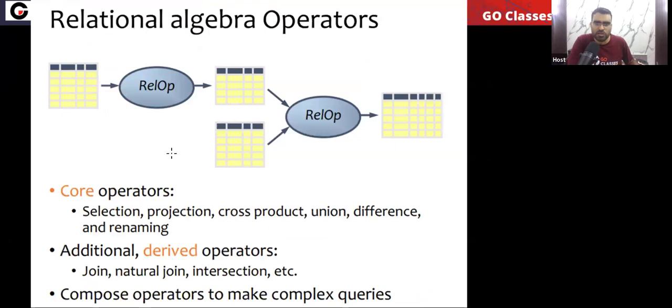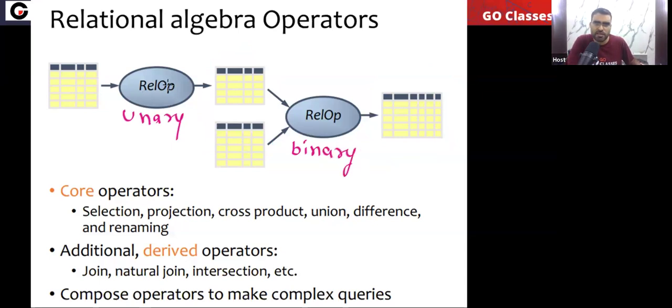Now let me tell you one more thing. Some operations are unary operations and some are binary operations. A unary operation takes one table and the output is one table. A binary operation takes two tables and the output is one table. We will see which is unary and which is binary.